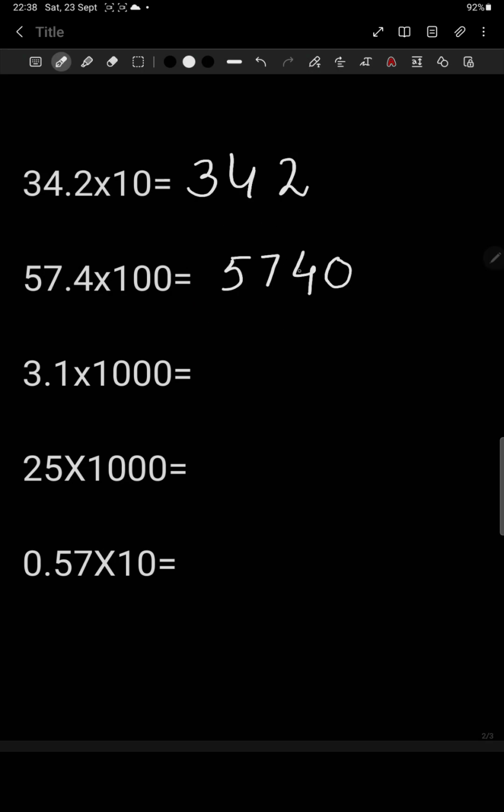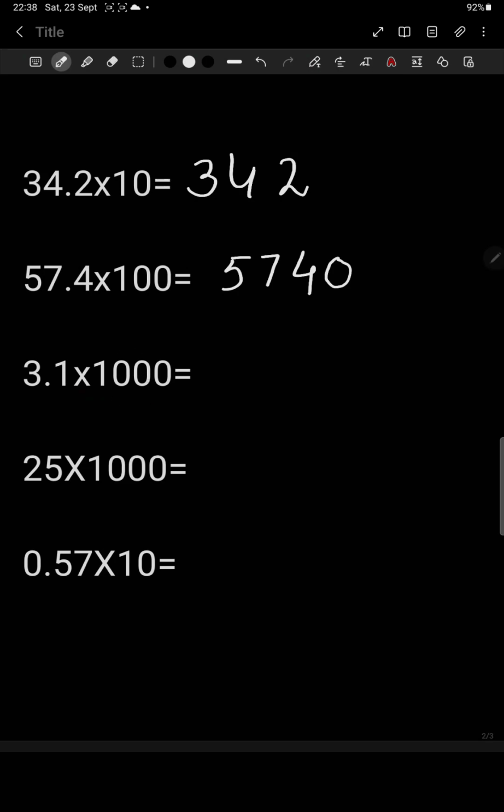So our number is 5740. Now our decimal has been moved 2 places and it comes at the end of the number, but we do not need to put the decimal because there is no fractional part now. This is the whole number now, so we will remove the decimal.